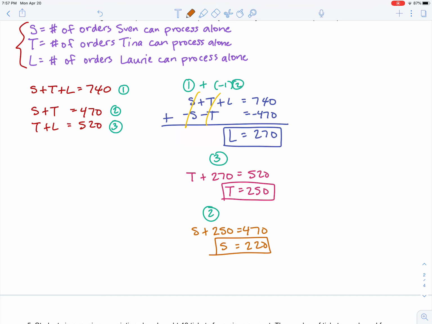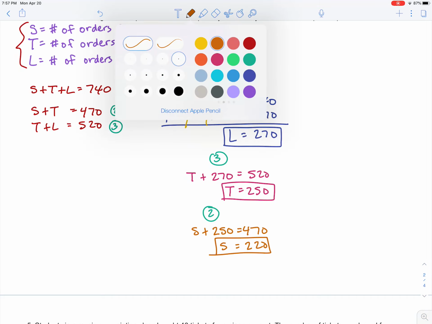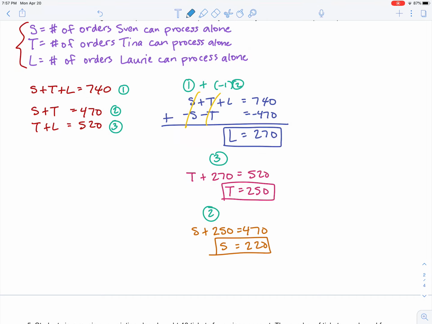So let's go ahead and write out what the answer to the question is. Alone, Sven can process 220 orders.